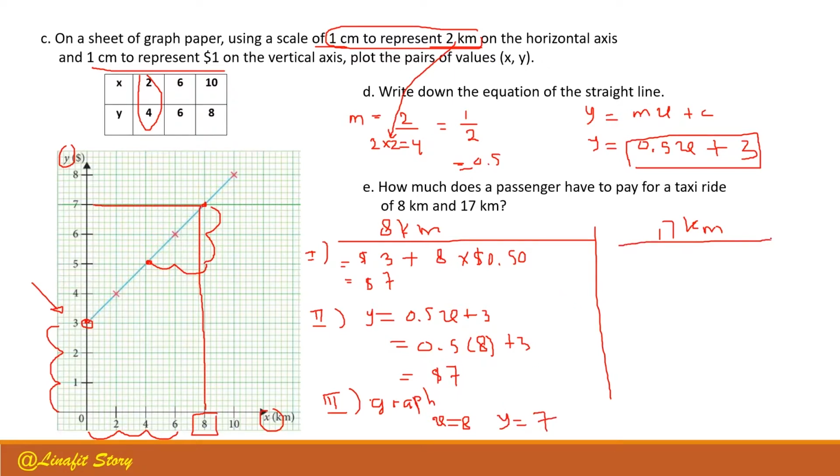Next, how about 17 km? There are two methods. The first, the cost for 17 km is $3 plus 17 times 50 cents, which is equal to $11.50.